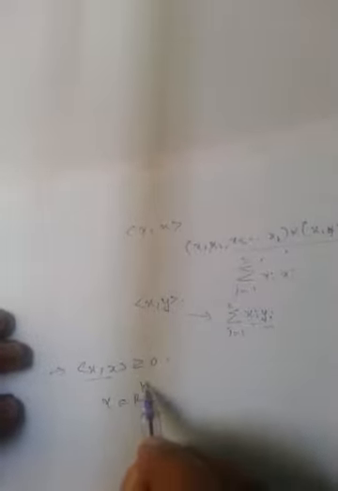The inner product will always be greater than or equal to 0, because x belongs to the Rk vector space, so it cannot be negative, so it will always be positive or equal to 0, which we have already seen. We know from that result that a is greater than or equal to 0. Now we have another concept: if x comma x equals 0, we get x equal to 0, right?